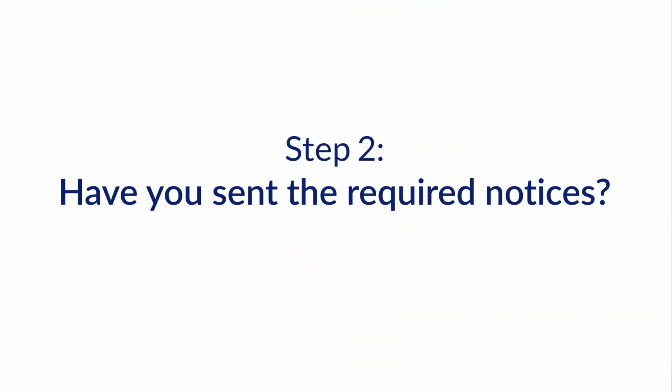The next question you need to figure out is whether you've sent all the required notices. Texas has one of the most complicated preliminary notice procedures in the country. Anyone who does not contract directly with the property owner has some sort of notice requirements.